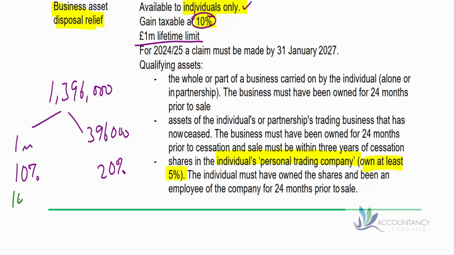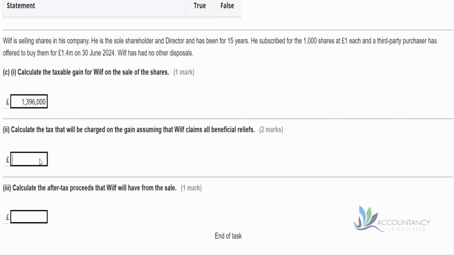So there'd be a £100,000 tax to pay on the 1 million, and then we've got £79,200 capital gains tax to pay on the remaining 396,000. So that gives us a tax bill in total of £179,200.